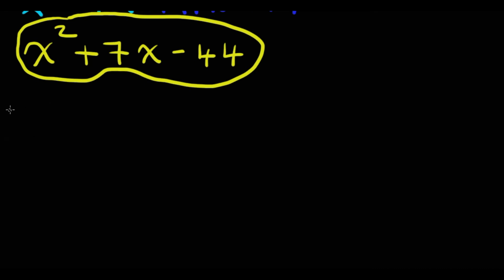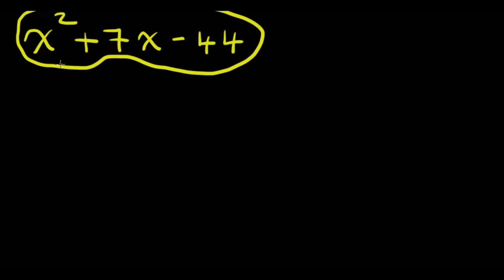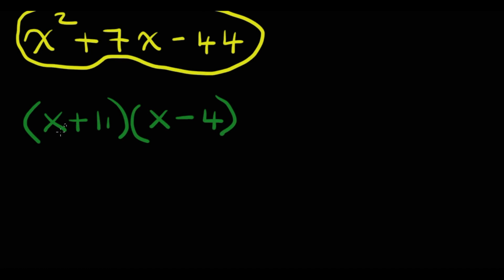All right, so let's bring the two. Okay, another way to check it is to add it and multiply. So let's bring it in again. So we have x plus 11 times x minus 4. So x and x, we know it's x squared. So the added is to take positive 11 plus negative 4.